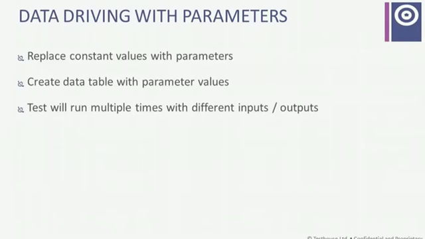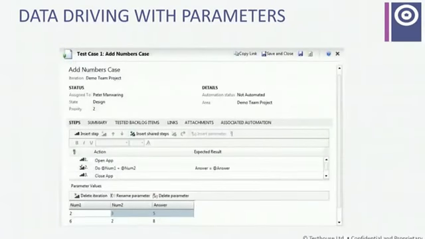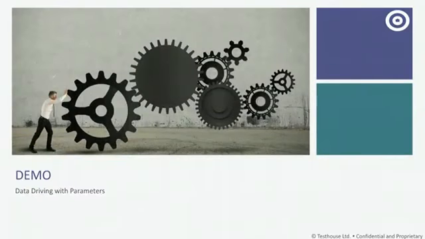So you can just use the same test case, but use different data, and it will run through the test case using different data. And you can see at the bottom here the data table building up. So I have a quick demo that shows how that works.